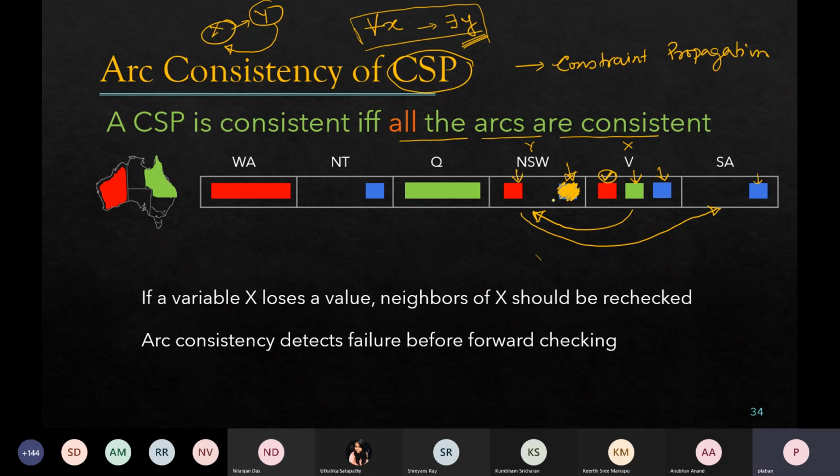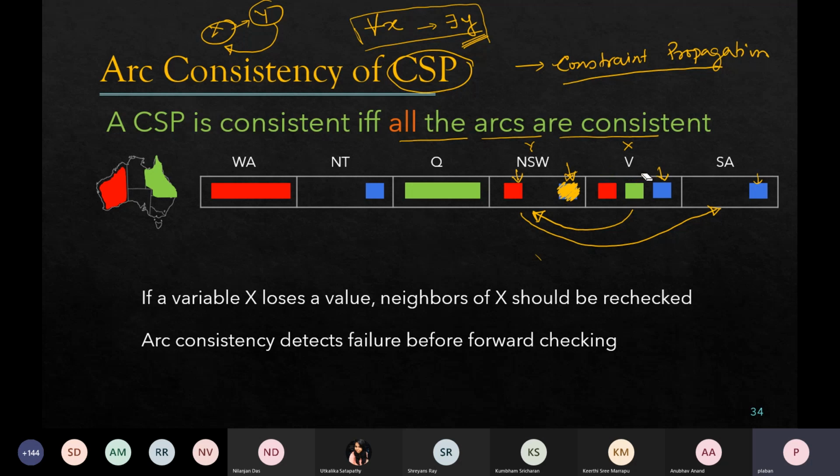Now there comes the idea of constraint propagation. As soon as we remove blue from NSW, let us recheck the edge from V to NSW, right? So you have to recheck it.